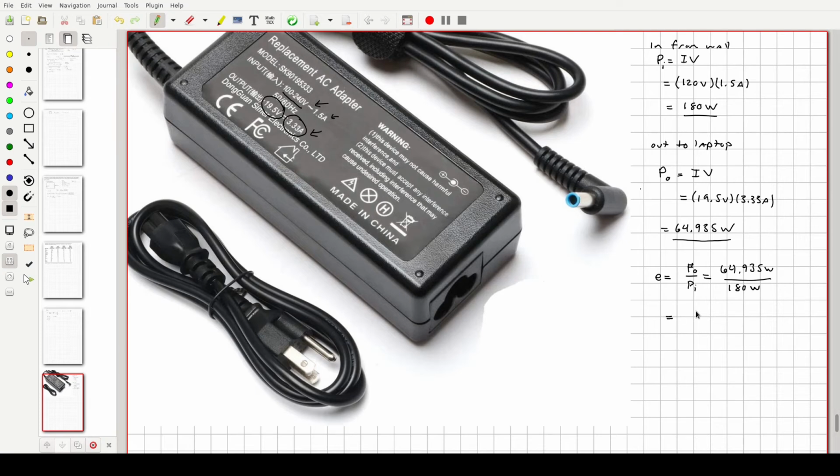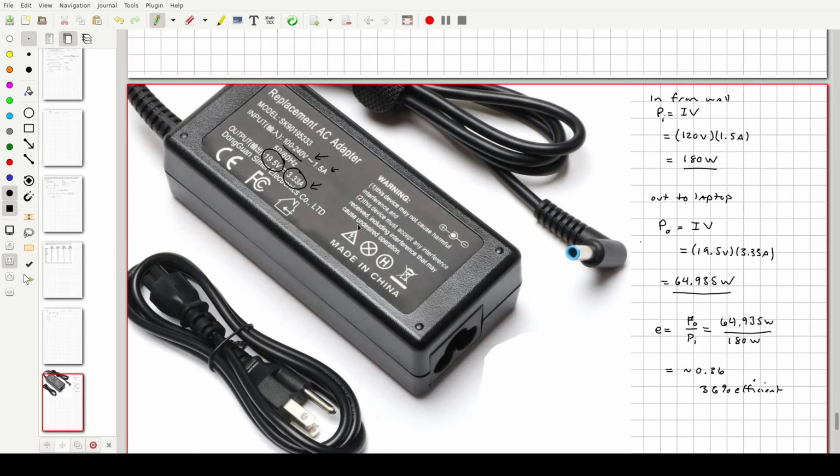So if I were to divide this by 180, it's about 36%. Well, where's the loss? Where's the other 64% of the energy going? Heat.